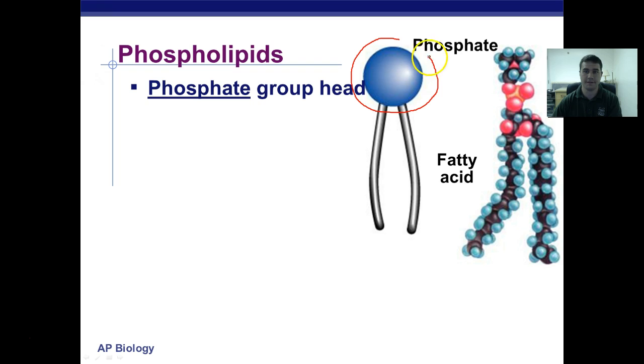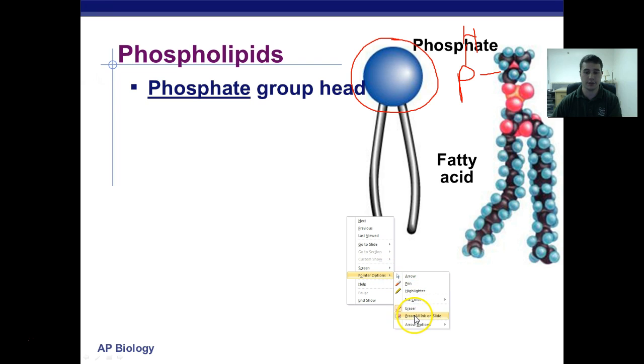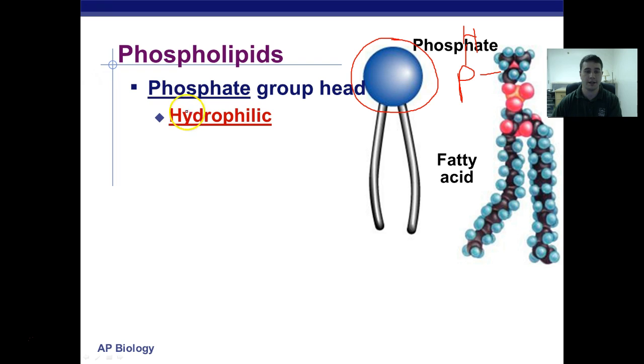Phospholipids have this phosphate head, which means it has the element phosphorus attached to a few other things. You can have hydrogens attached to a phosphorus, you can have carbons, those kinds of things. But what we're really concerned with right now is that phosphate head. The reason we're so concerned with it is because those things are hydrophilic.